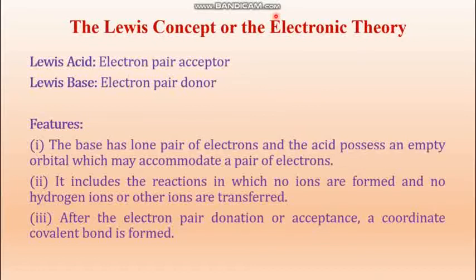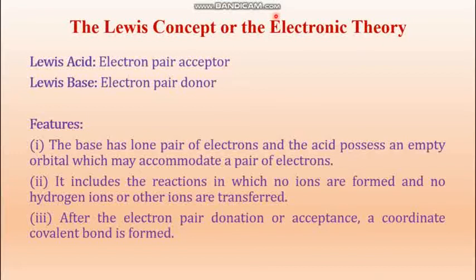This theory is based on electron pair acceptance and electron pair donation. That means earlier we have studied that acidity and basicity can be described on the basis of proton acceptance or proton donation, oxide acceptance, oxide donation.